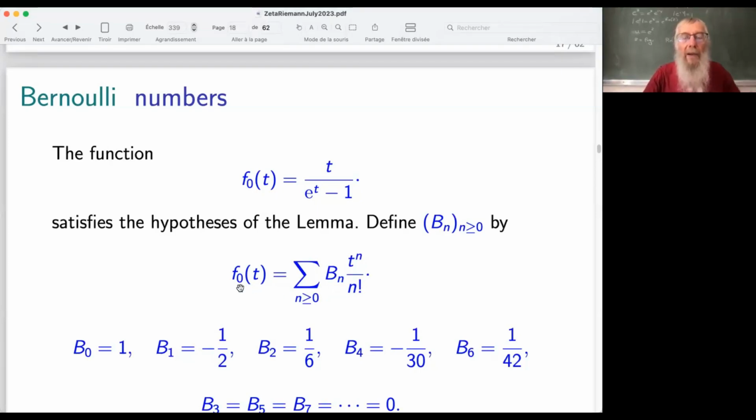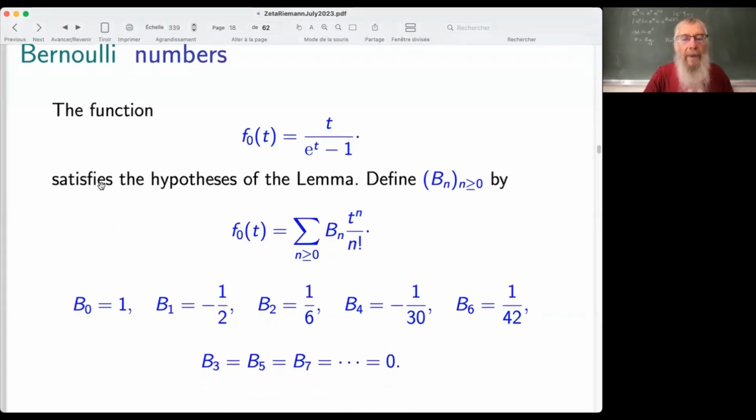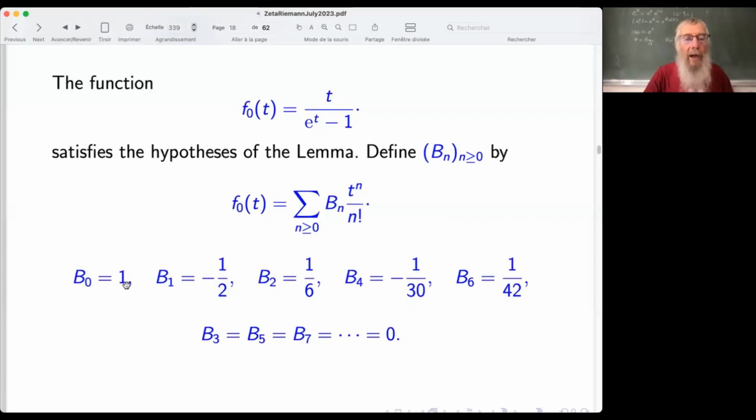So we define the Taylor expansion at 0 as the sum of bn t to the n over n factorial, and bn are just the coefficients of the Taylor expansion. So this defines the sequence bn, which is the sequence of Bernoulli numbers. So the first values are b0 equal 1, b1 equal minus 1/2, b2 equal 1 over 6, b4 is minus 1 over 30.